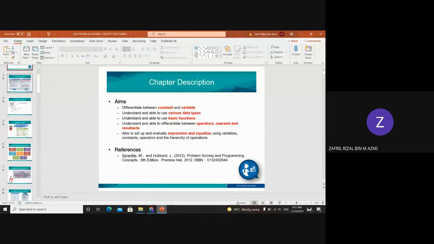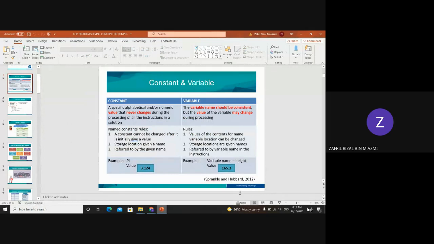So first, let us look at constant and variable. For a computer program to be able to store any data, doesn't matter what data, for example my name, Zafril, my age, my IC number, my address, any value, whether a numeric value or a string value, ABC, if you want your program to be able to store any value, you must have a constant or a variable in your program.